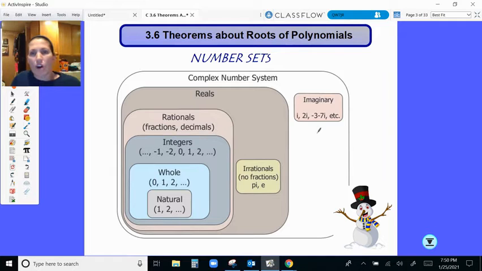If it asks you to find all of our complex numbers, that means we're going to get into our imaginary numbers and our complex numbers, okay? And so, be careful when it's asking you to find rational solutions. That doesn't mean you have to find all the complex ones and so forth. If it asks you to find the complex, you need to find all of them, okay? And so make sure you understand that number system.